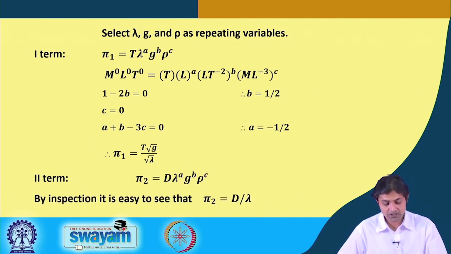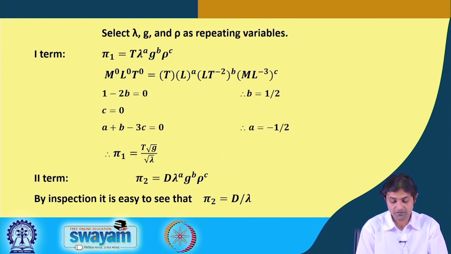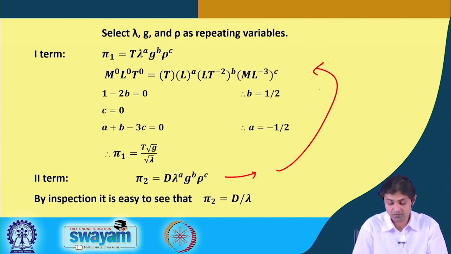By inspection it is easy to see that if you do the same analysis as this, you will find another pi 2 term as d by lambda. Please solve at home.